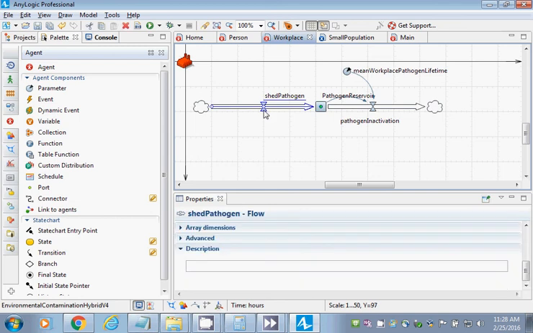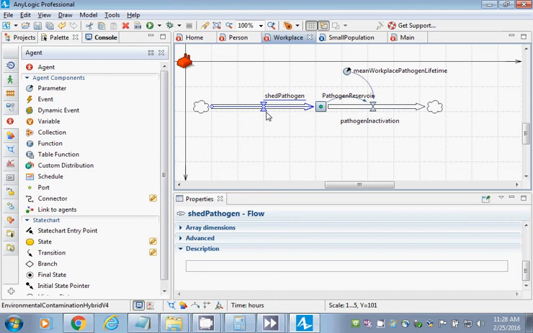And oh yeah, I'm sorry, we need one other thing in main, and that is there's got to be a parameter in main that is called per capita shedding rate, okay?